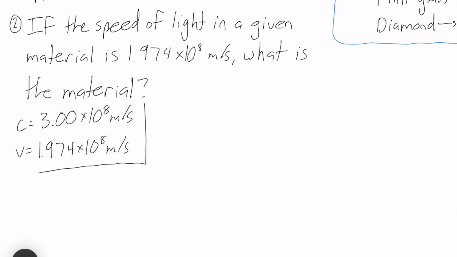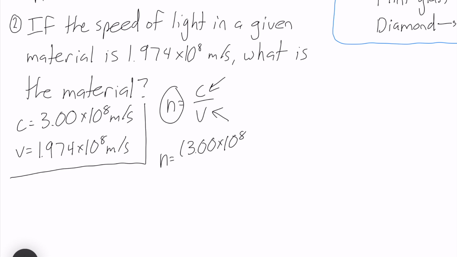So again, let's take a look at the formula that we're going to be using here. I'm just going to box this off. So we are going to say that N equals C over V. We have both values here. Our wanted variable is already isolated for. So let's just insert our values. We have N equals 3.00 times 10 to the 8 meters per second, and that is over 1.974 times 10 to the 8 meters per second.